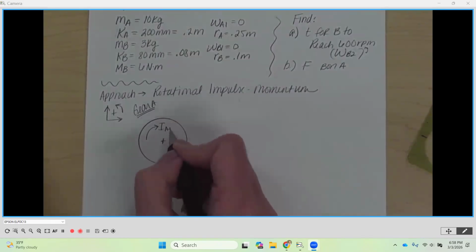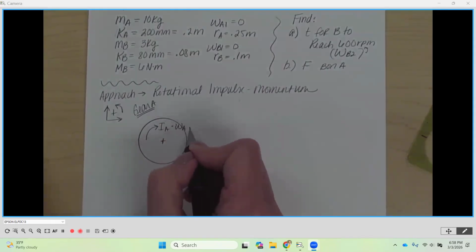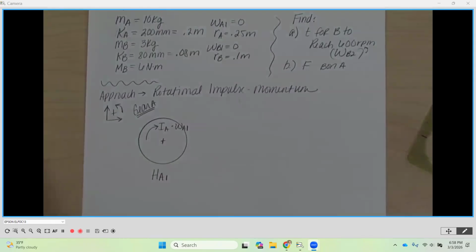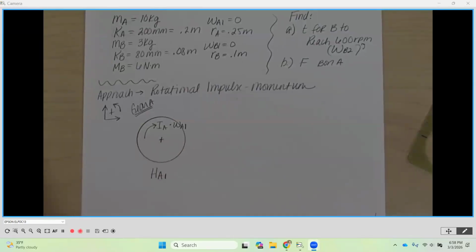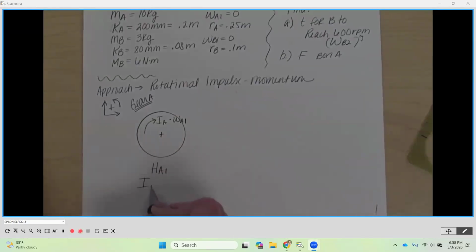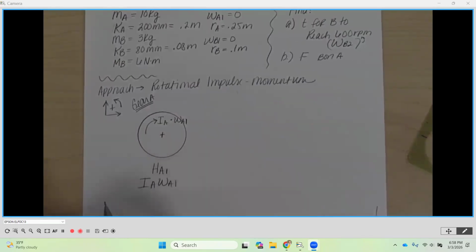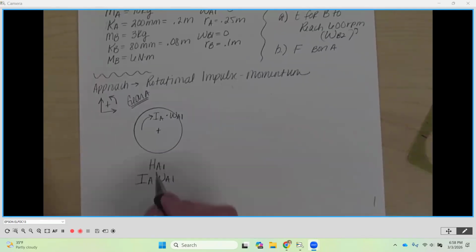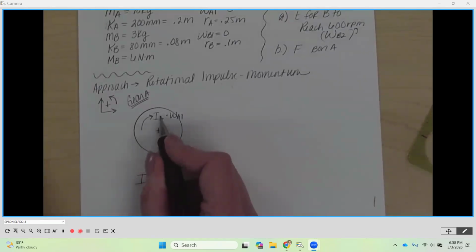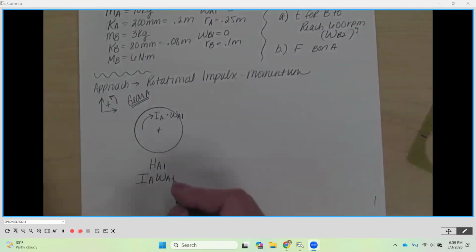So it's going to be IA, the moment of inertia at A, times the angular velocity A1. We know that the angular velocity A1 is 0, so this is going to be 0, but we'll show that in a little bit. Because it's going counterclockwise, we would say that it would be negative, but it's going to end up being 0, so it's totally fine.